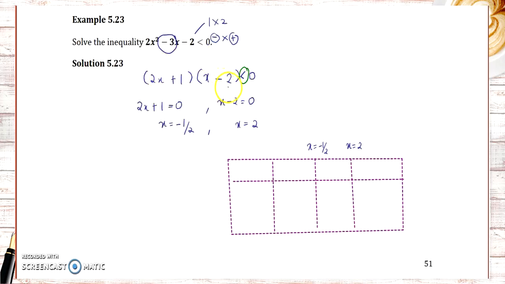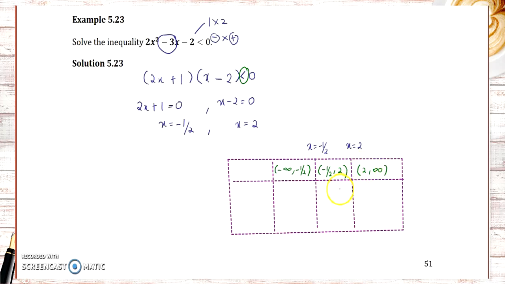So we cannot include negative 1 over 2. So the first interval is from negative infinity until negative 1 over 2, not included. For the second column, we have negative 1 over 2 until 2, also not included. And for the third column, we have from 2 until infinity.